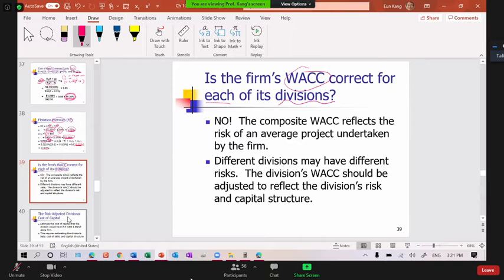So any project for the company will be discounted by that cost of capital. But sometimes that's not fair. For example, if you have a conglomerate big company, right? They have many divisions, right?